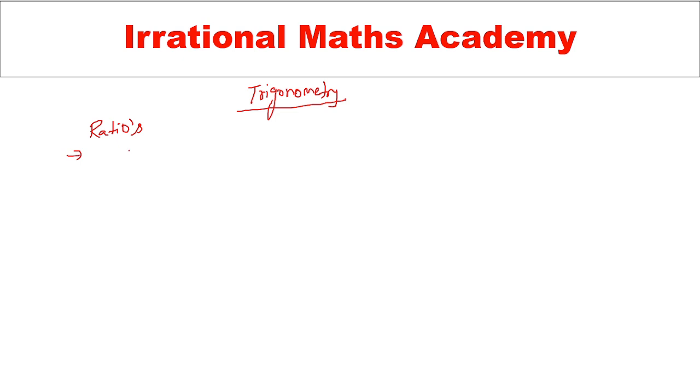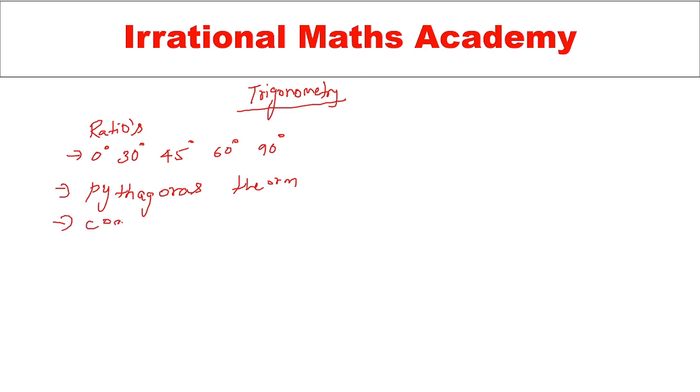Next are the specific ratio values at 0 degrees, 30 degrees, 45 degrees, 60 degrees and 90 degrees. Then the Pythagorean theorem, Pythagoras theorem you need to remember. Next, complementary angles of some specific ratios.